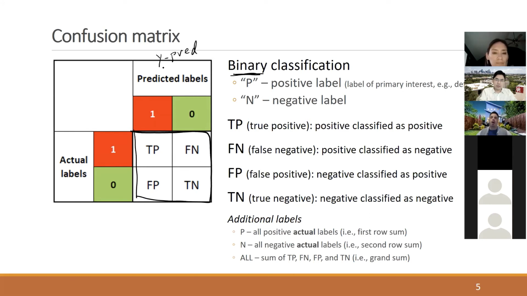You get the Y-pred based on the activated score of the output unit, if it's logistic regression or neural networks, and you use either argmax or a threshold value to predict the label. So that's the outcome, or that's the output of your model.